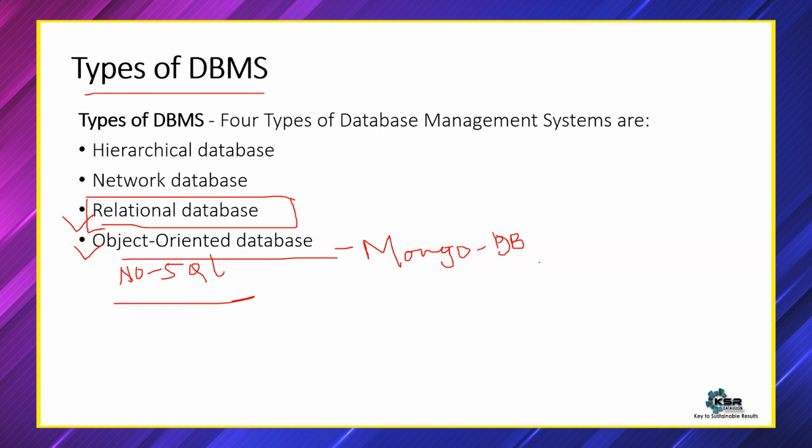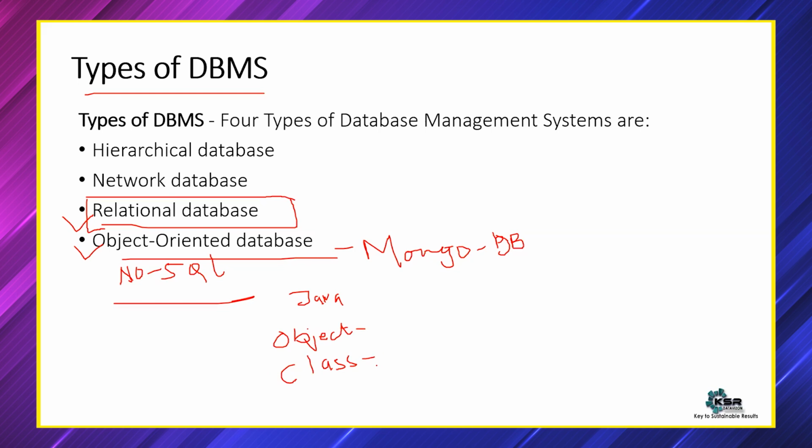Now what do you mean by object oriented database? If you take an example, folks who are from Java, not sure how many of you are there, Java is an object oriented programming language. Now why is it object oriented? The information is present in objects and classes. There is a concept called object as well as classes. Now what do you mean by object, what do you mean by class?